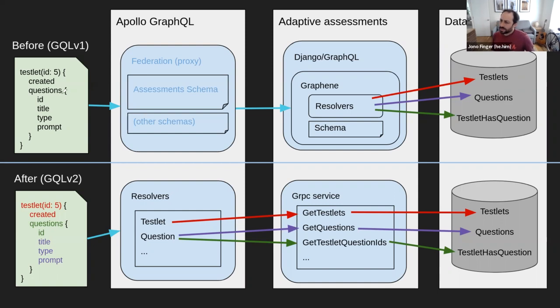Okay, so looking a little bit at this query, this before query, we came in with this full query and it gets all the way to inside adaptive assessments where the resolvers spin out all the requests it needs to the database. Where now in the new world, it's different. The resolvers happen very early in the process and we make these requests early on.